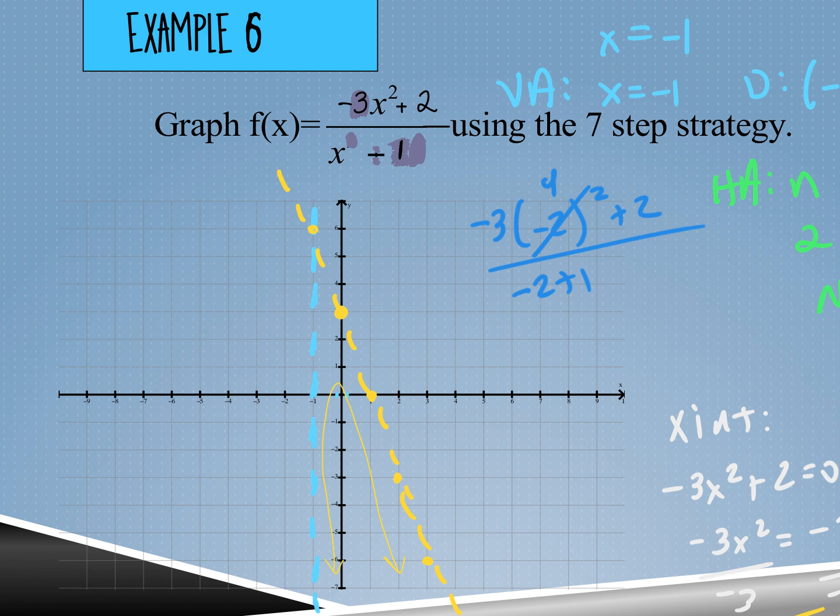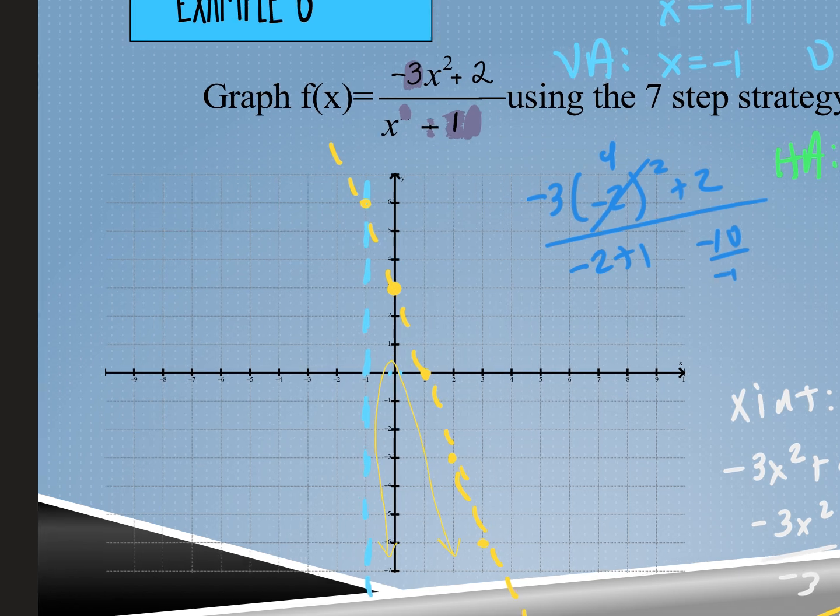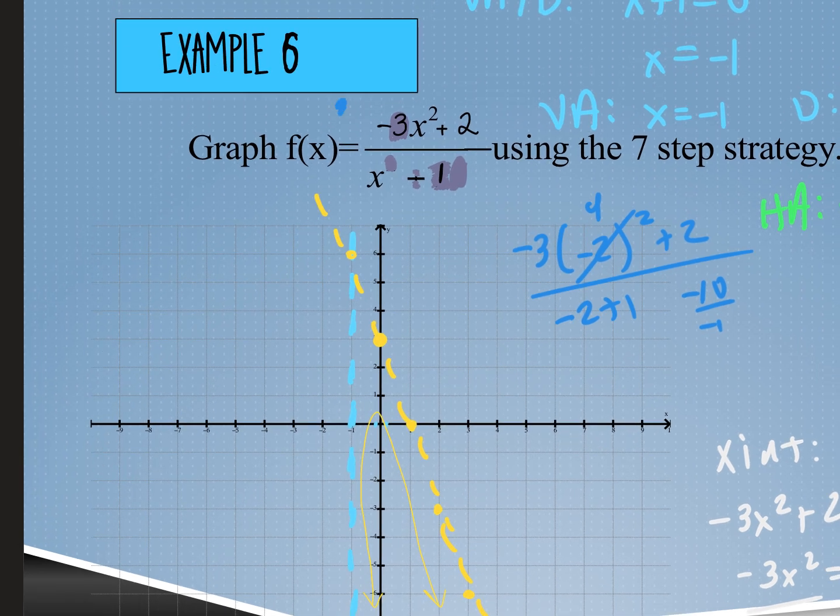Negative 12 plus 2? Negative 10. Over negative 1, so 10. So I plug in negative 2, and I get something way up here, yeah? So that just means your boomerang is up here. That's it. It's not over here, in this section here. It's above, up there. That's all you guys need to do, just get the general direction.